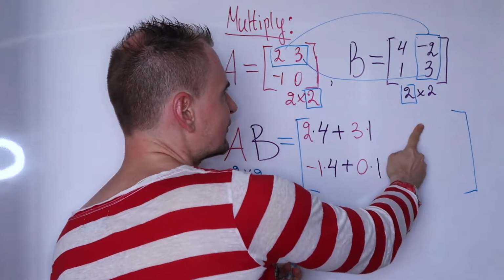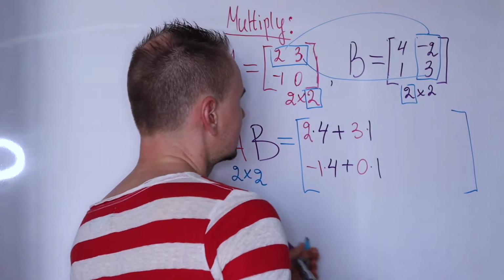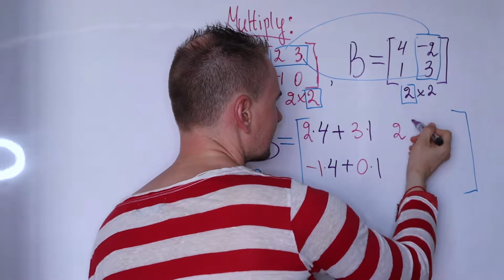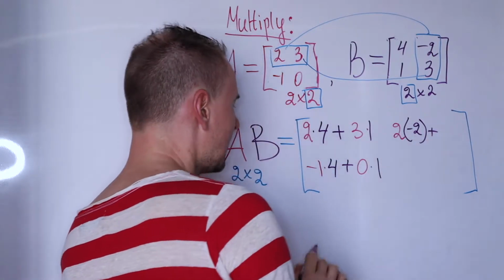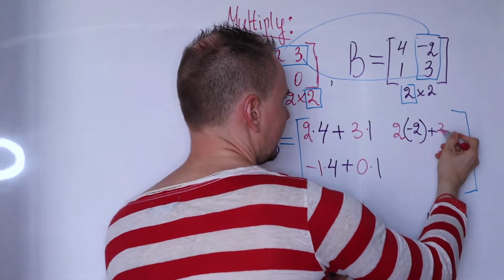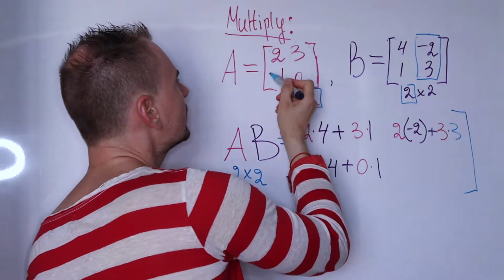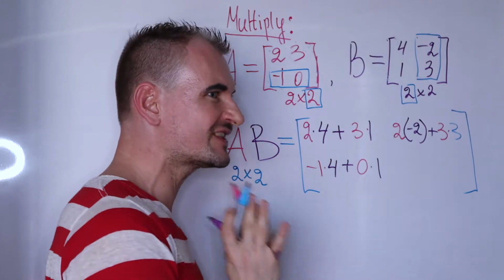And this element goes over there. So again, 2 times -2 plus, we always add up, 3 times 3.